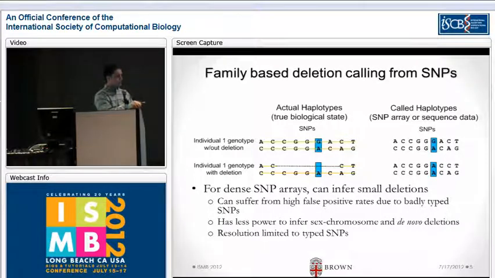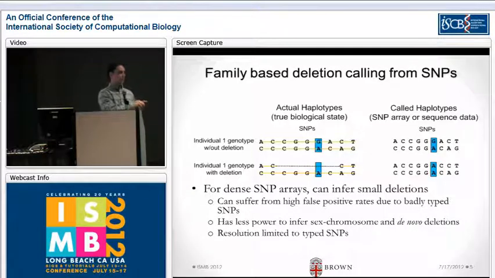This is just an example with the blue SNP. The individual should be heterozygous, but due to the deletion haplotype, either the sequencing method will only sample from one haplotype, or the intensity-based methods will only see one intensity from the A allele, and the individual will be called for the allele that's present.